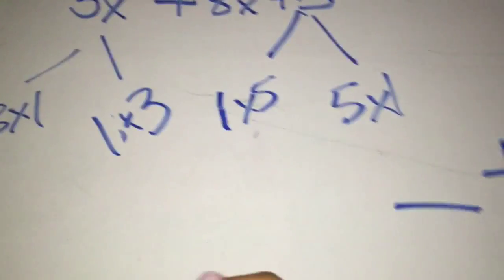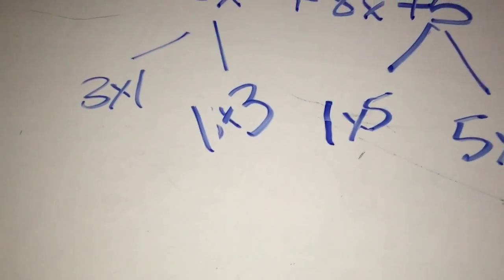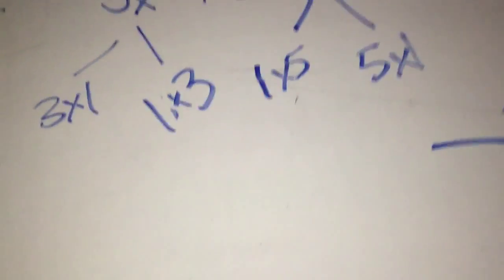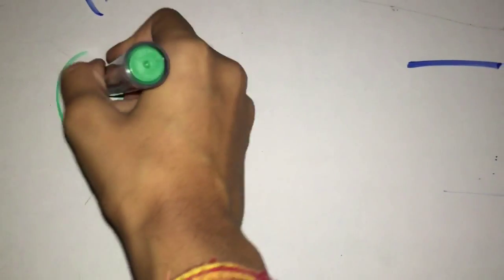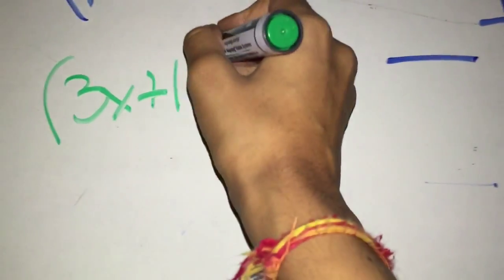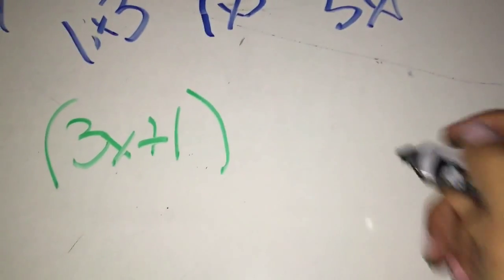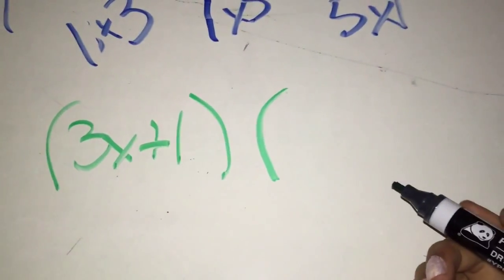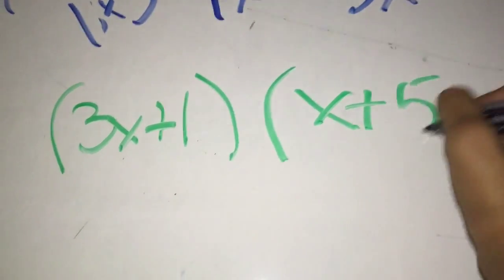So this is trial and error, so you can try and see if it's wrong, and if it's wrong, then you do it again and again until you get it right. So we can see we have basically only 3 options. We can have 3x plus 1 and x plus 5.